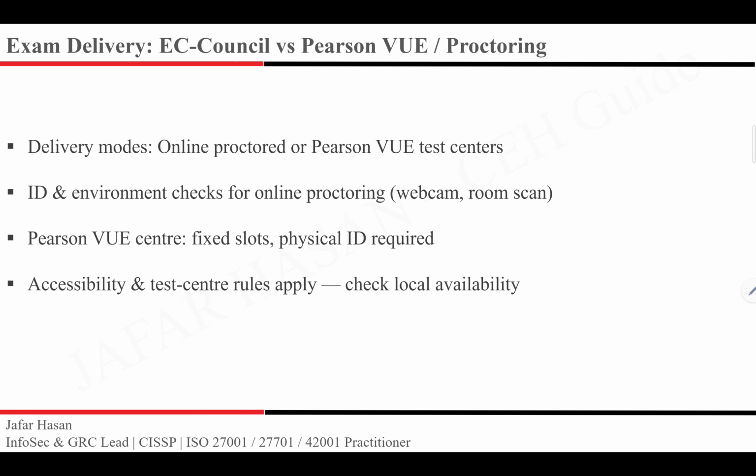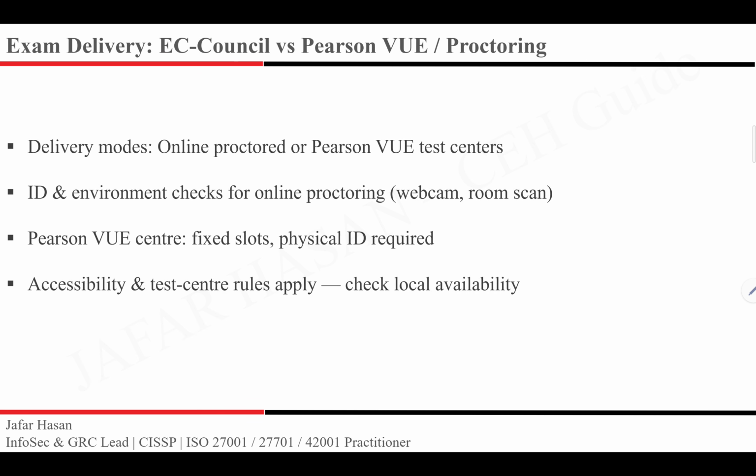And if you prefer a physical testing center, book a slot early, because most of the time slots fill up very quickly. In the exam center, you need to carry your ID and the confirmation printout. For the online exam, be ready 30 minutes early and double check your internet, because most of the time, on the day of the exam, students have some issues with their internet or electricity.